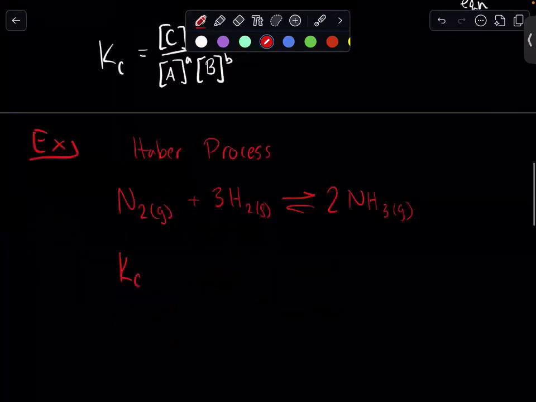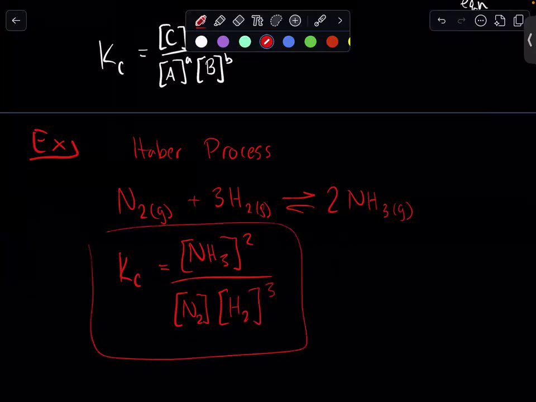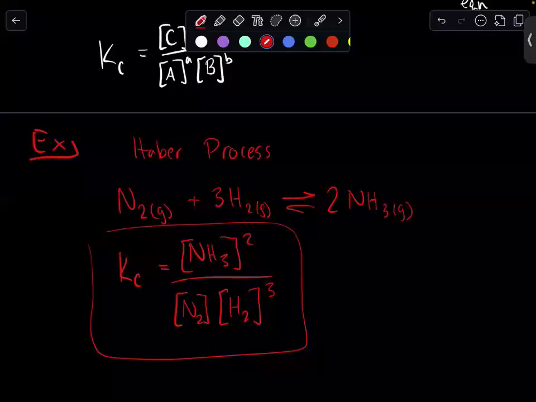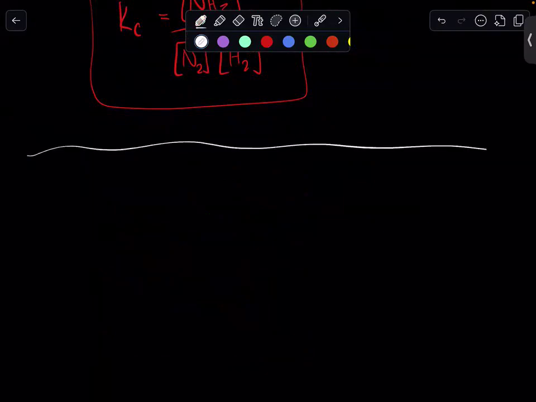And Kc for this reaction will, of course, just be the concentration of ammonia at equilibrium raised to the second power divided by the concentration of nitrogen raised to 1 times the concentration of hydrogen raised to the third power. That is our equation for Kc. So now that we have the equation, let's explore what actually happens when we put this into practice and what the equilibrium constant can describe for us.